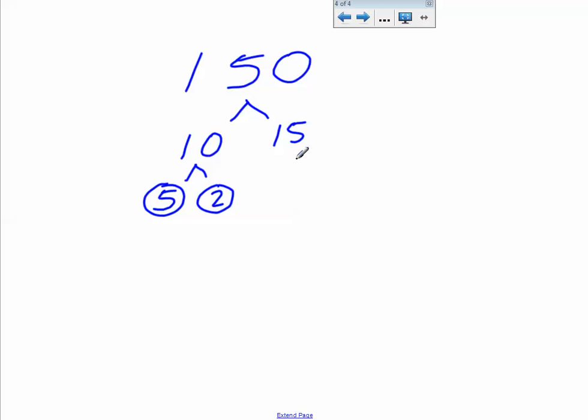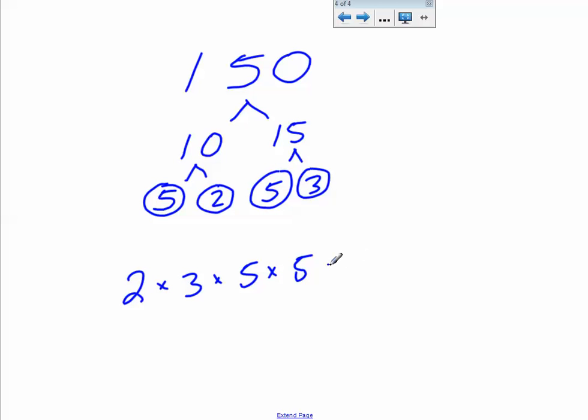Now a lot of people will look at numbers like 15 and 9 and they go, oh, they're odd, must be prime. Don't do that. 15 is not prime because I can do 5 times 3. Break it down. There we go. So now I write it in order. 2 times 3 times 5 times 5. And that is 150.